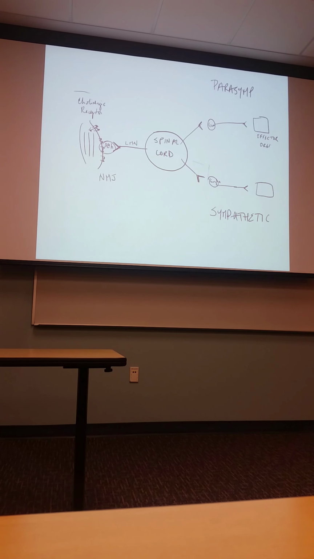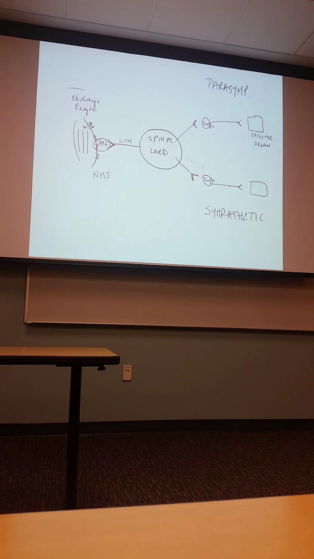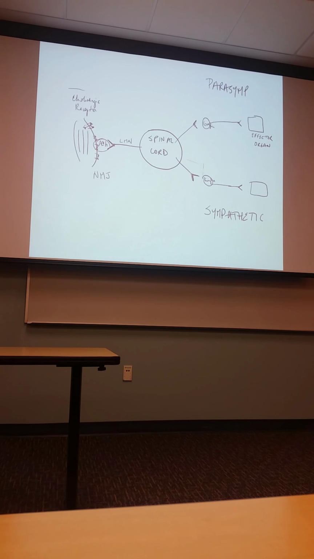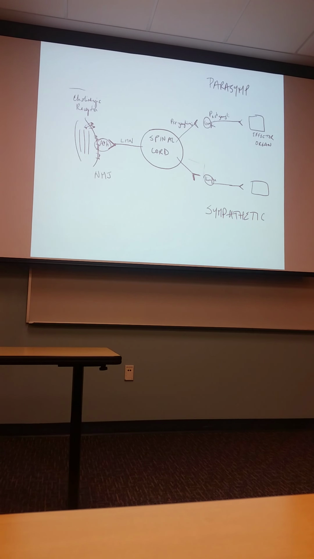For this and here the same. There is a ganglia right in the middle. Since there are two neurons transmitting information from the spinal cord to the effector organ, the first neuron is called preganglionic, and the second neuron is called postganglionic. So we have a preganglionic neuron and a postganglionic neuron.